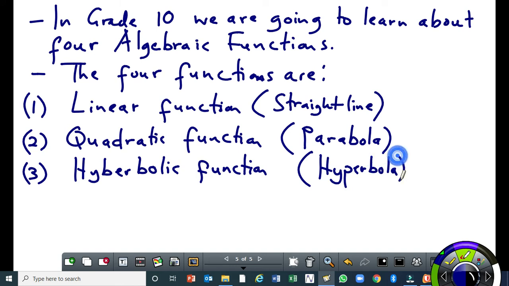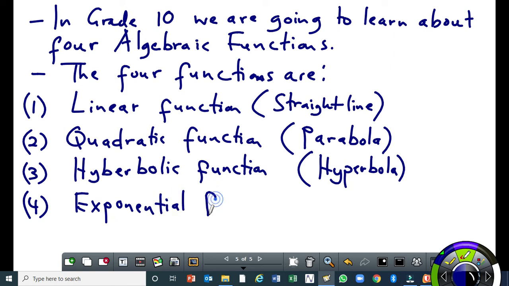Then the last one is the exponential function. We're going to talk about all of them one by one, their properties and so on.